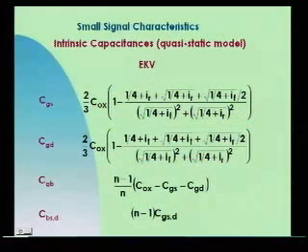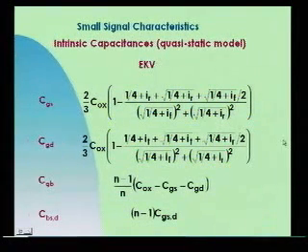We have inversion charge density. We can have approximations for depletion charge densities in both models. Then we integrate this, and after integrating, we differentiate with respect to the terminal voltage to get the capacitance. But I didn't show how we derive this. I'm only showing the results.